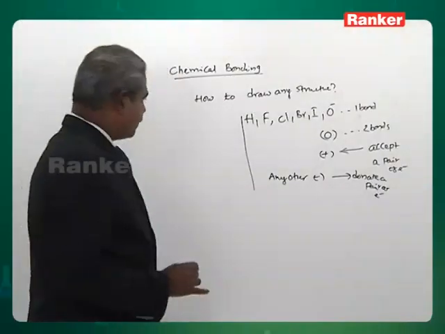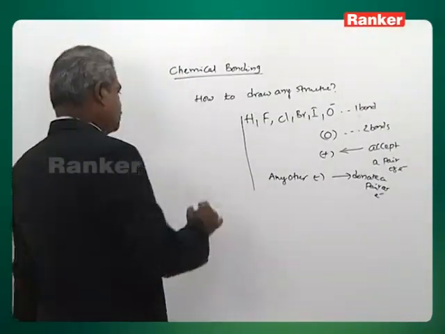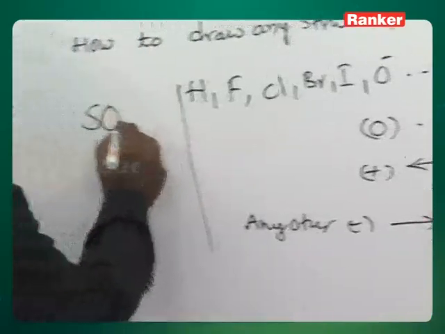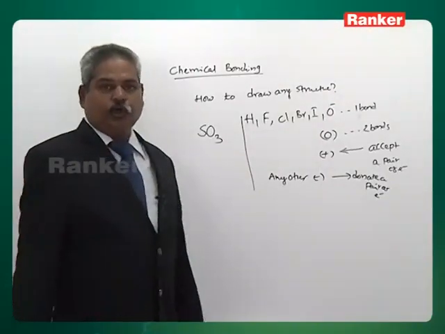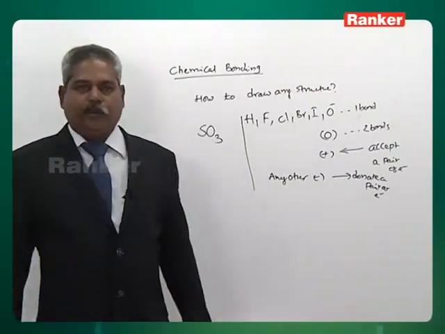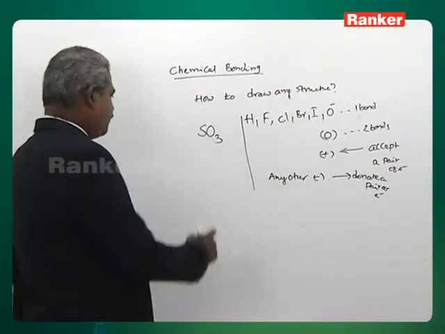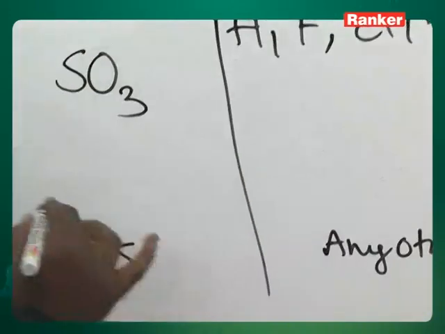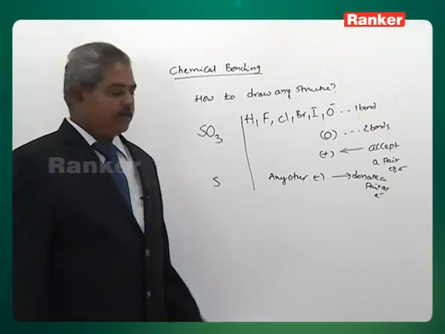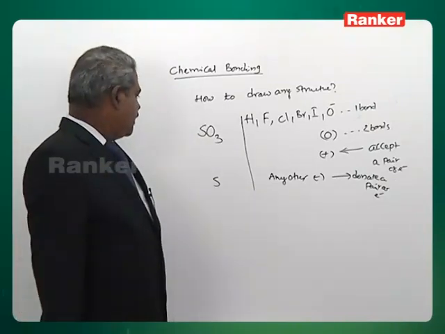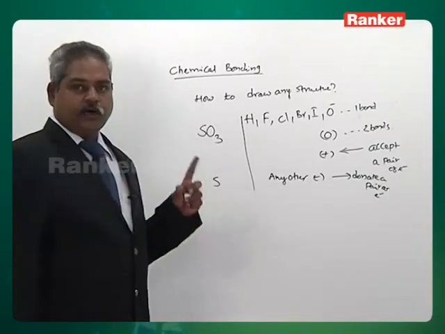Now, let us apply this in the simplest possible way. SO3: how to draw the structure of SO3, through which you know how many pi bonds are there. Sulfur is the central atom. How do we know which is the central atom? Whichever is the only one, obviously. There is only one sulfur, that is the center, like a host.